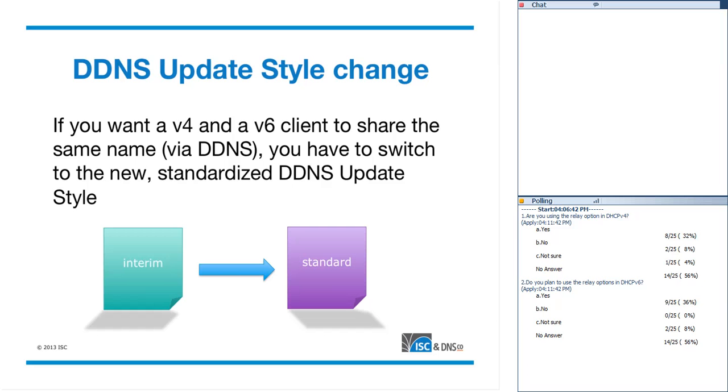The interim one used MD5 for doing its hashing, and we used a TXT record. In the standard, they ended up using an SHA hash and using a DHCID RR record. So at one level, they're doing the same basic functions, but the exact details changed between the two of them.